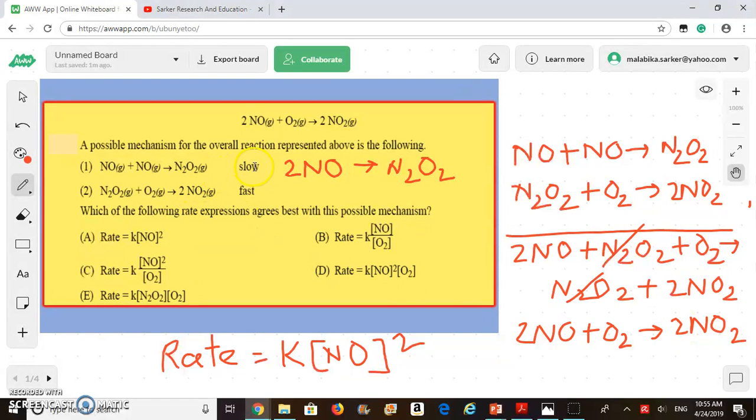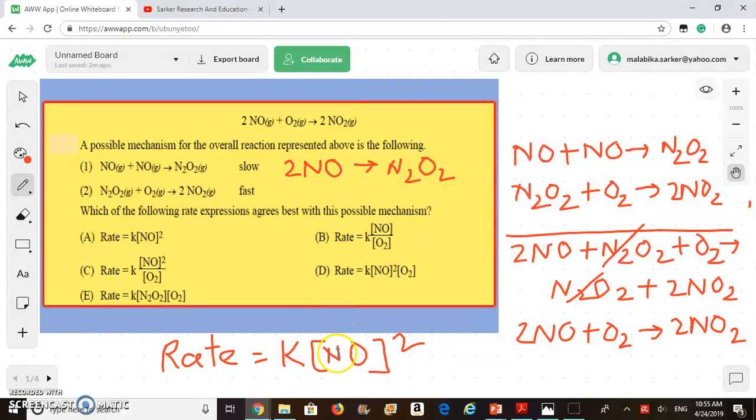Now we know that the slowest step in the reaction mechanism is the rate determining or rate limiting step. So how can we write the rate law? We can write the rate equals the rate constant times the concentration of the reactant, which is NO. And here we know that we can use this coefficient as the exponent. So this 2 comes here.